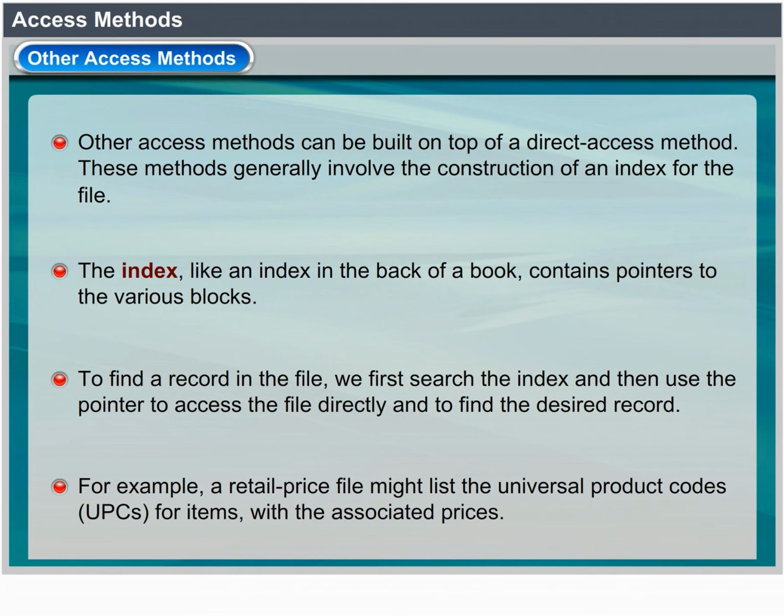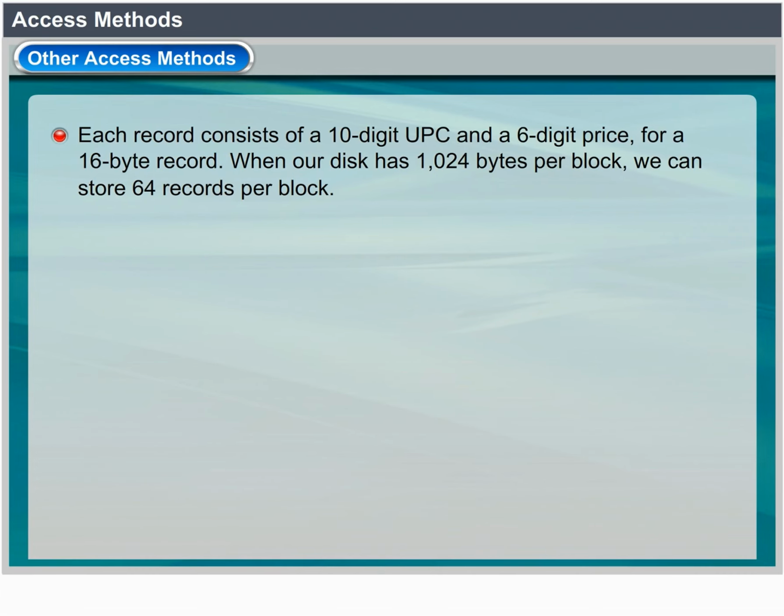For example, a retail price file might list the universal product codes, UPCs, for items with the associated prices. Each record consists of a 10-digit UPC and a 6-digit price, for a 16-byte record. If our disk has 1024 bytes per block, we can store 64 records per block.